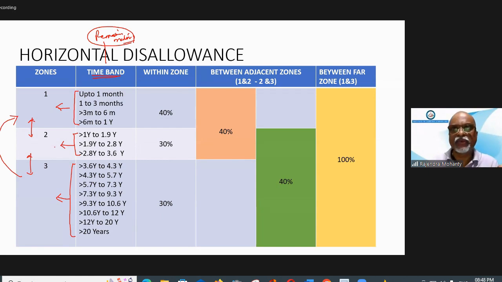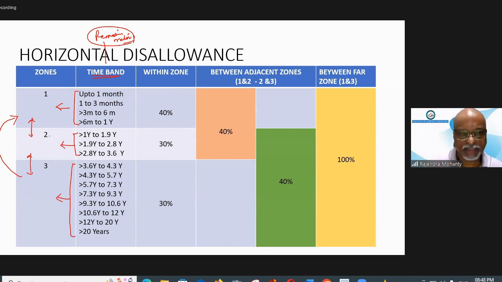There are 3 zones, so it can happen between 1 and 2, 2 and 3, and 3 and 1 only. If such netting happens between these zones, then the horizontal disallowance will be applicable.